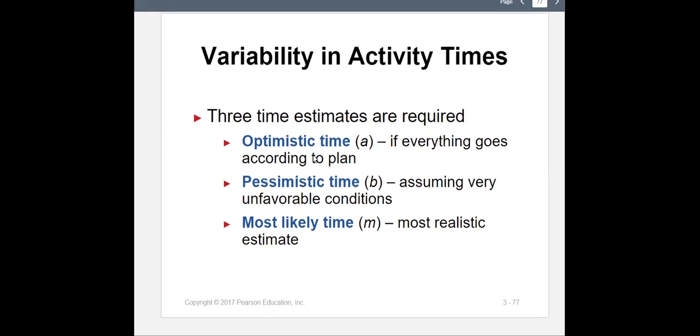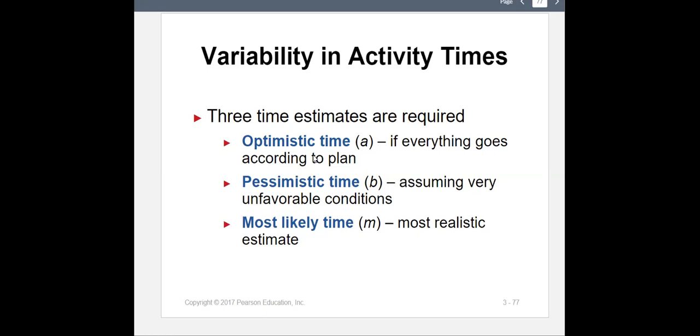All right, so now let's assume that we accept variability in activity times. That means the time of activity that we calculate is not unique. There's an upper bound, a lower bound, and a center point. The center point can be mean, median, or other statistical measures. Let's say the lower bound, the earliest you can finish a task, is called optimistic time.